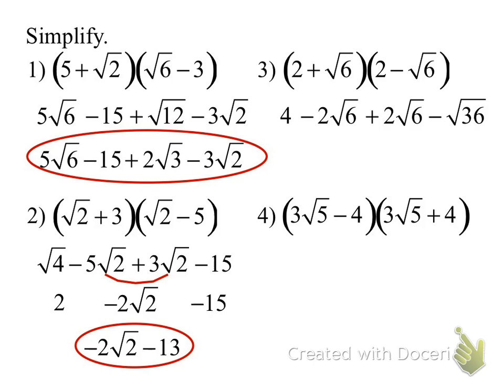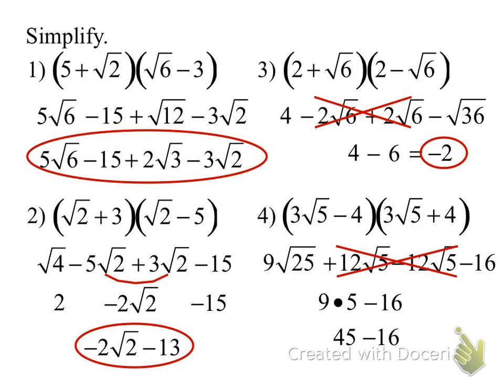So that's 4 minus 6, which is negative 2. Okay, so it's a little bit different. When I'm double distributing, don't get confused just because I'm doing 3 radical 5 times 3 radical 5. We did that earlier in the lesson. Does that make sense? Are you guys confused? Okay.